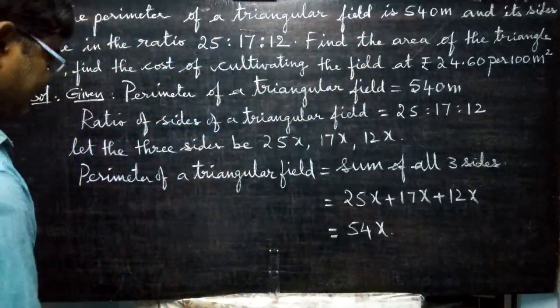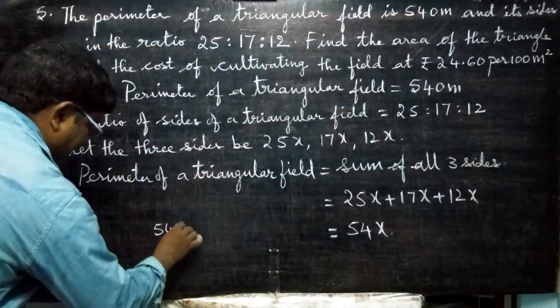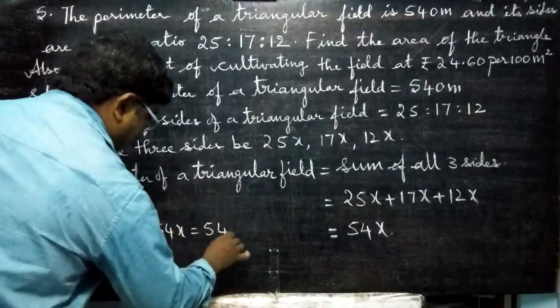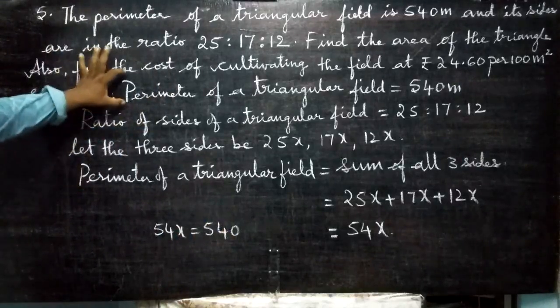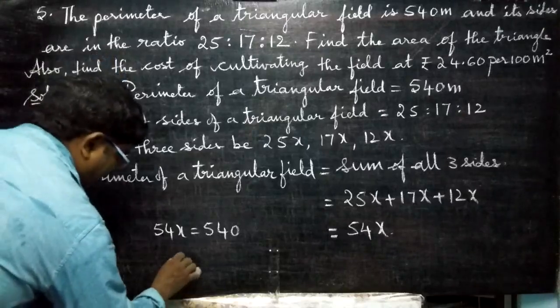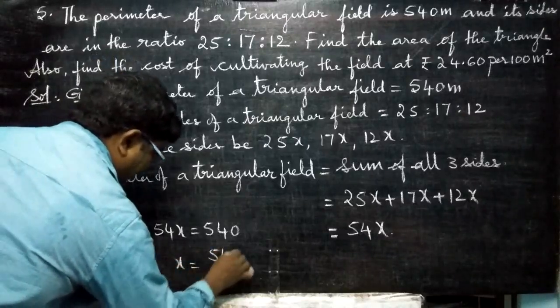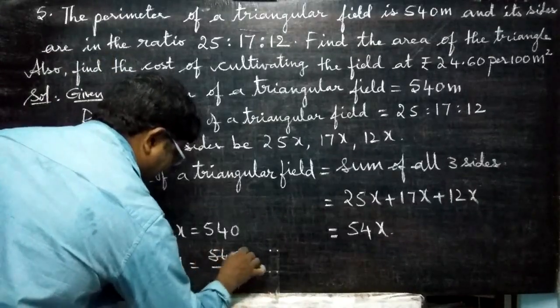Now you compare both. So 54x is equal to 540, because this is the perimeter. According to the formula we got 54x, and this is the perimeter of the triangular field given in the problem. So x is equal to 540 by 54. How many times does it go? 10 times.